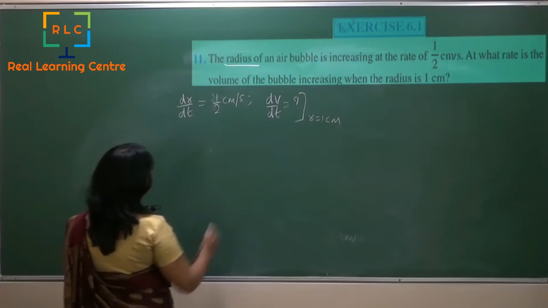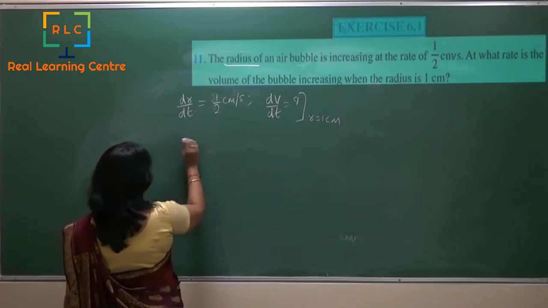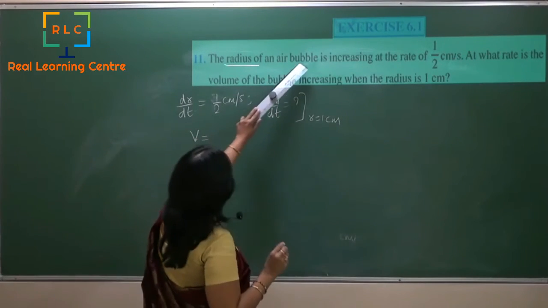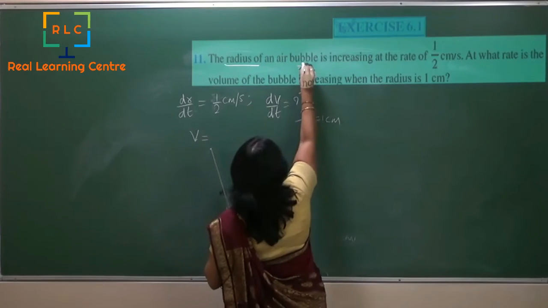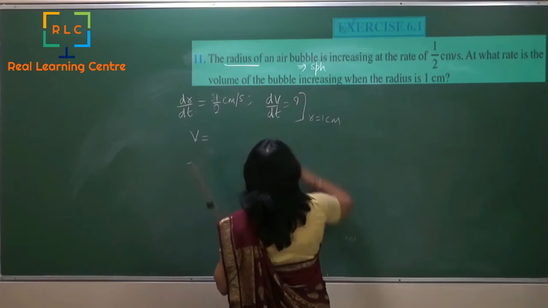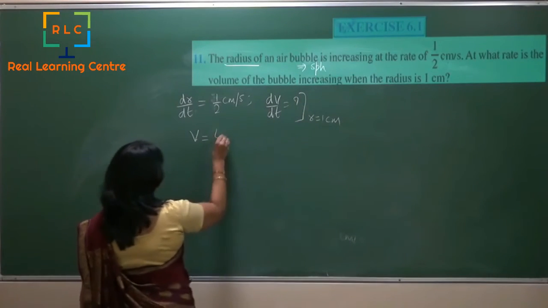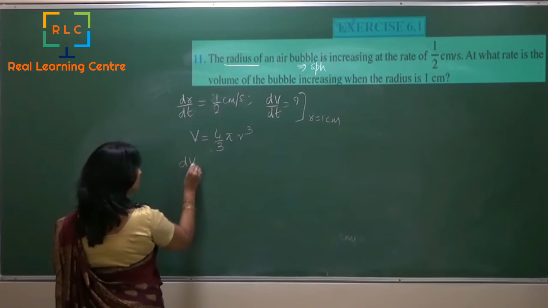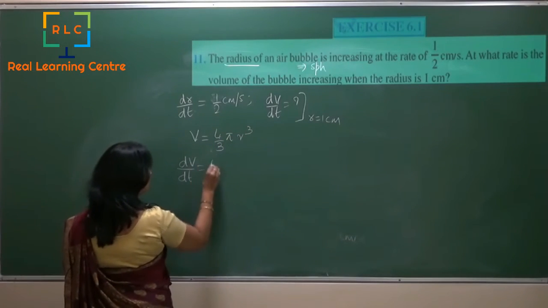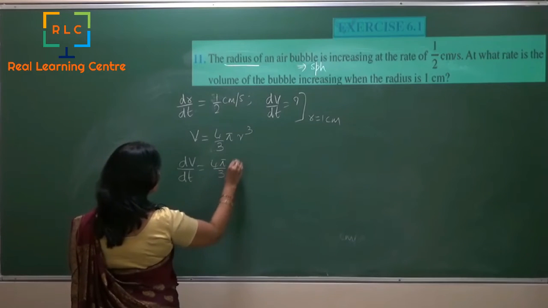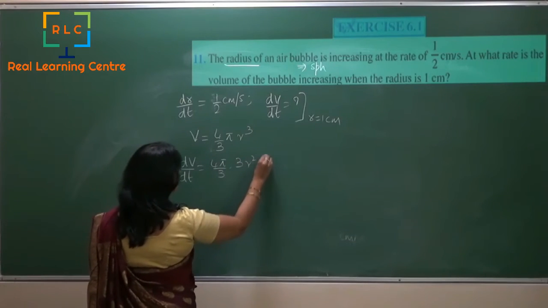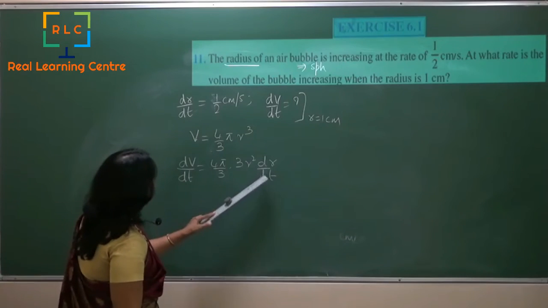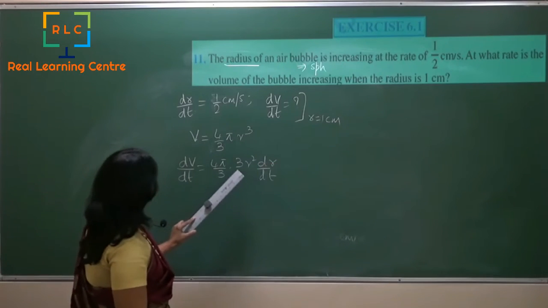So we'll start off with the volume formula. dr by dt is given to us. Volume of which figure? We are talking about the bubble. The bubble implies it is going to be a sphere. So volume of the sphere is 4 by 3 pi r cube. dv by dt is equal to 4 pi by 3 into 3r square into dr by dt. dr by dt is given and r is given as 1.